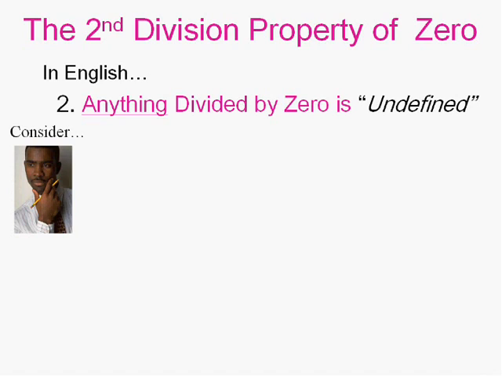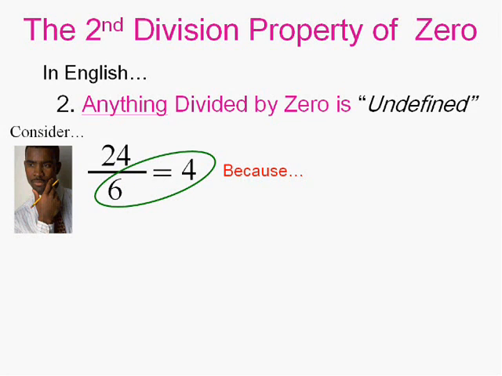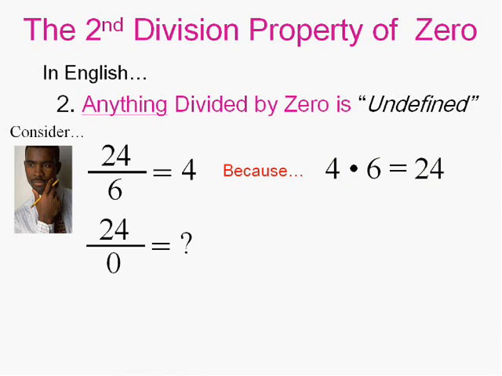Now consider what we said earlier. 24 divided by 6, 24 over 6, does equal 4. Why? 24 divided by 6 equals 4 because 4 times 6 equals 24. We knew that, right? Well, let's take this with 0. 24 divided by 0, what does that have to equal? Could it be 24? No, because it doesn't work backwards. 24 times 0 doesn't equal 24.